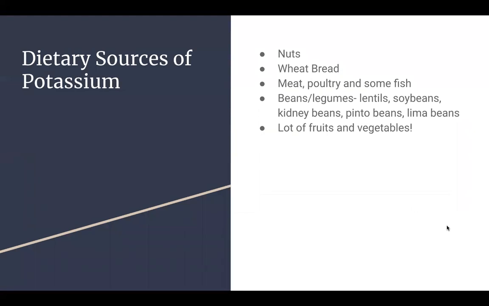Potassium is found in a lot of different food sources. So we have nuts, wheat products, some meats, fish including tuna, halibut, cod, and trout. It's found in a lot of fruits and vegetables, so things such as cooked spinach and cooked broccoli, potatoes, oranges, bananas, etc. These are all great sources of potassium.